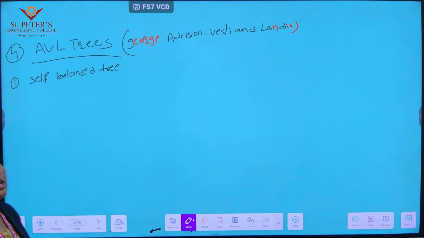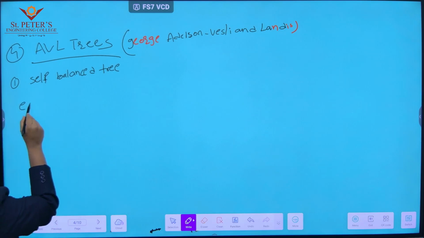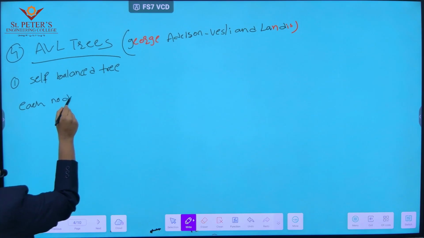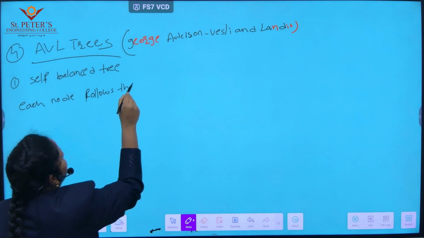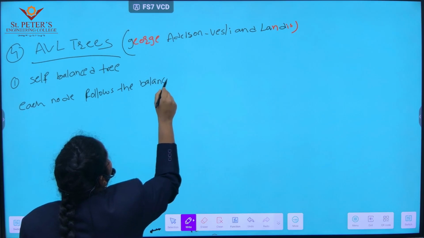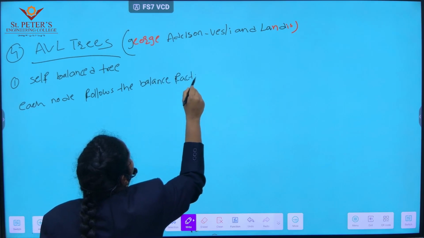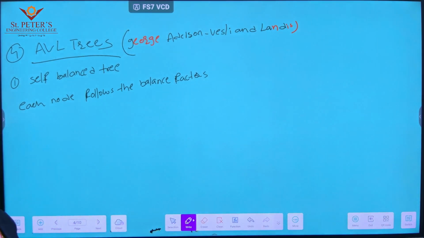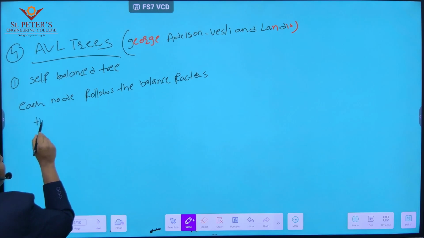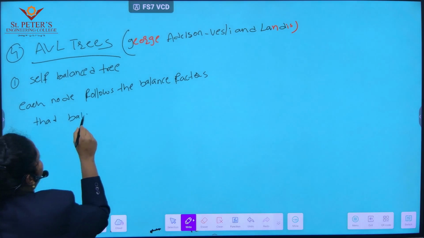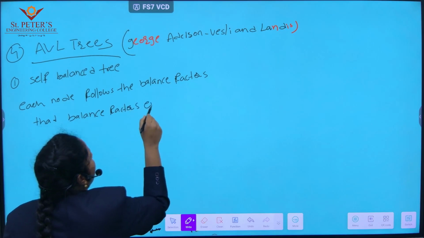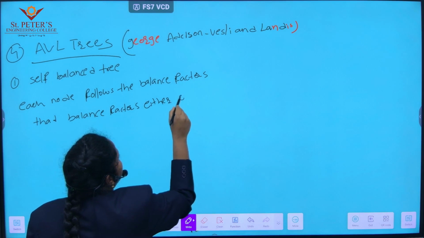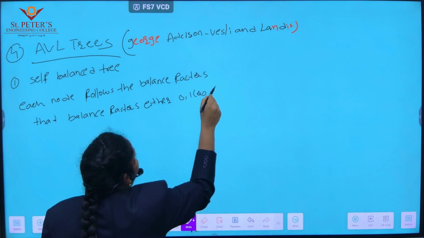What is meant by a self-balanced tree? In this tree diagram, each and every node follows the balance factor, and the balance factor is either 0, 1 or -1 only.